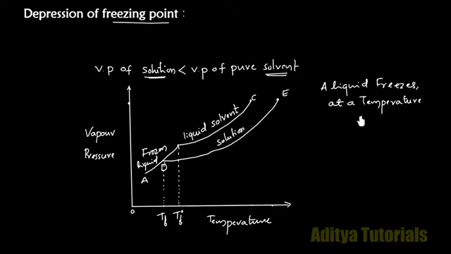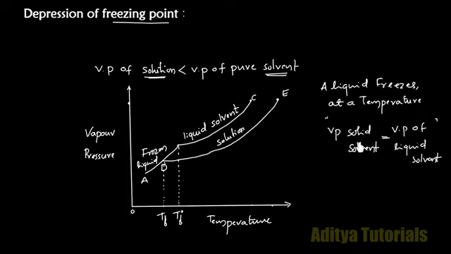This condition is quite important for us: when the vapor pressure of the solid solvent becomes equal to the vapor pressure of the liquid solvent, only then does the liquid freeze.